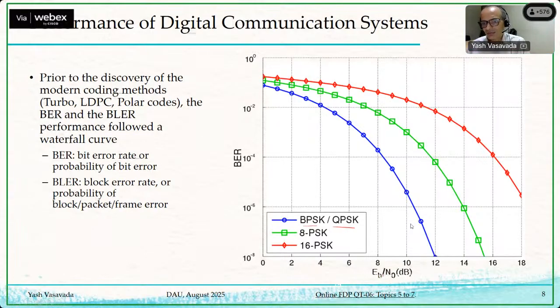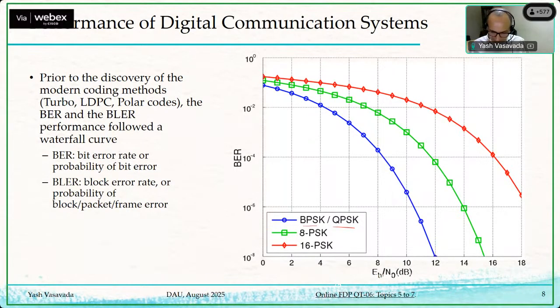Regardless of whether it is BPSK, QPSK, 8 PSK, 16 PSK, by the way, these are the names of different modulation schemes that we are going to understand either today or tomorrow, the error rate decreases gradually as you increase the SNR. These are known in communication parlance as waterfall curves. It seems like the shape that a waterfall takes.